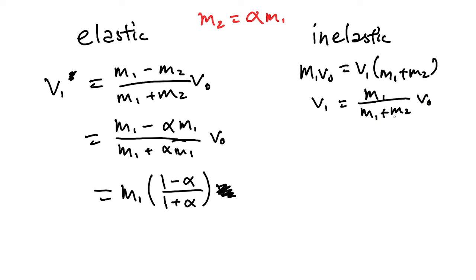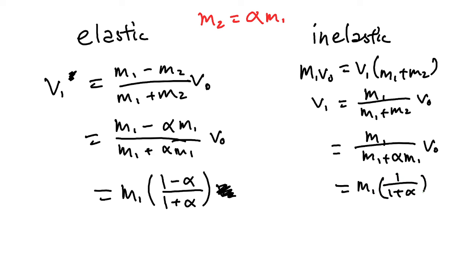And we can once again do this little thing where this is going to be equal to m1 over m1 plus alpha m1 times v0, which is going to be equal to m1 times 1 over 1 plus alpha times v0, right? And since we're trying to find the ratio, that means that our R1 is going to be equal to this, right? So that means that the bounds of this are going to be, let me see, what does it say?